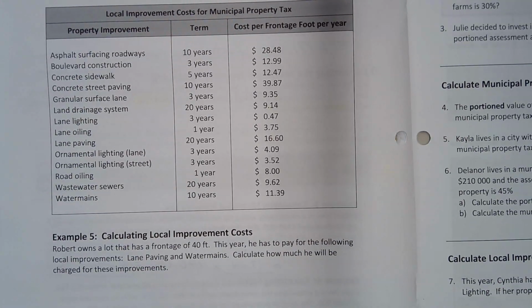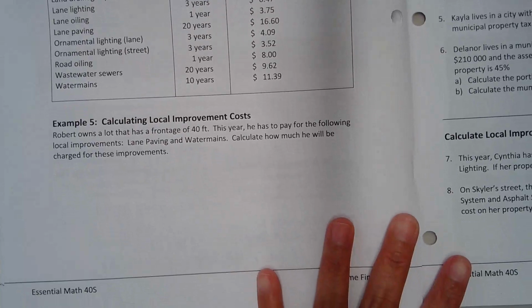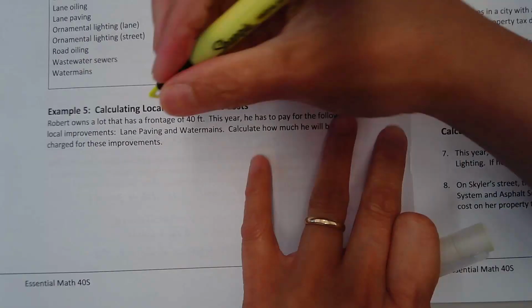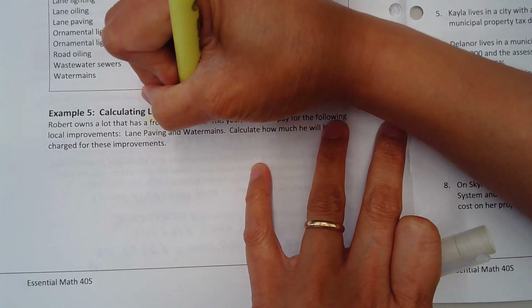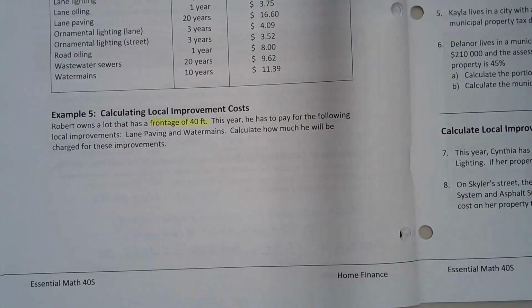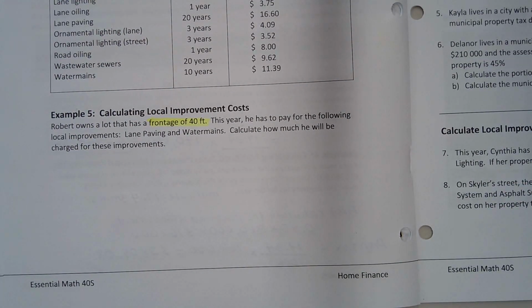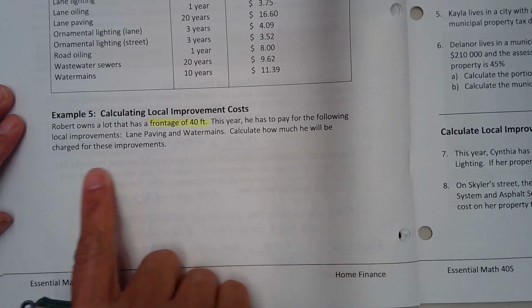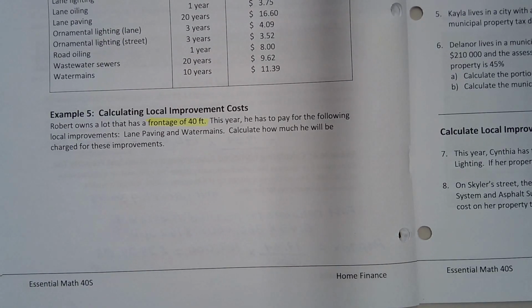So let's take a look at example 5. There's only one example. Robert owns a lot, a property that has a frontage of 40 feet. This year he has to pay for the following local improvements: lane paving and water mains. Calculate how much he will be charged for these local improvements.